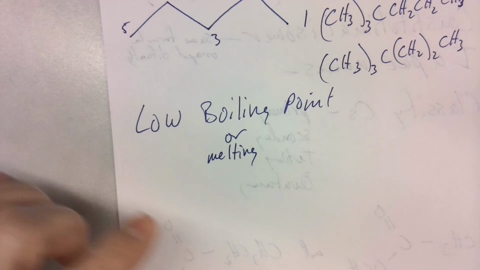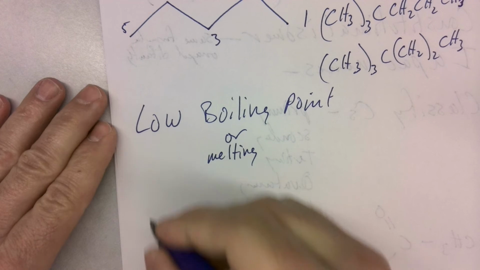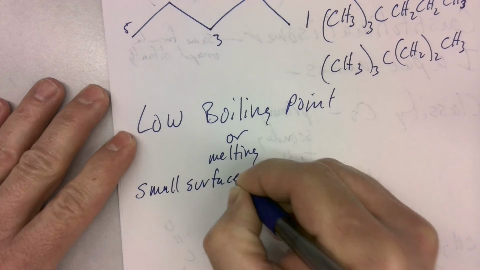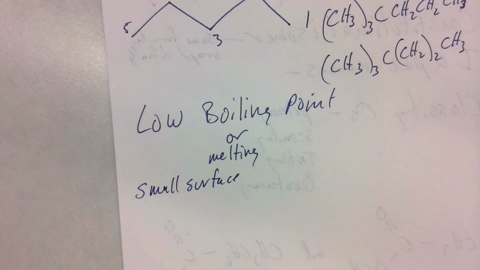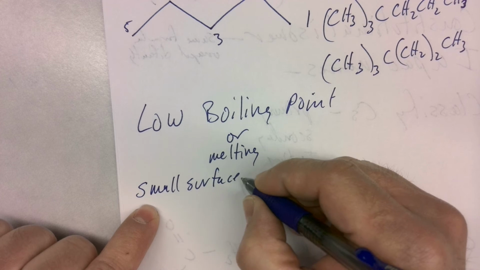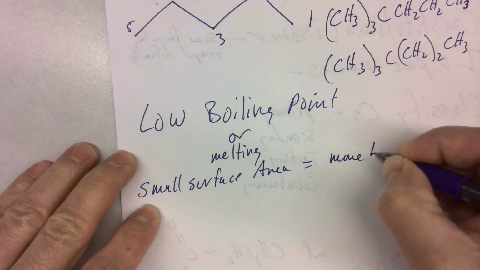What did I say gave me a low boiling or a low melting point? Small surface area. But how did you know that? It had branches? Yeah, small surface area equated to more branches.